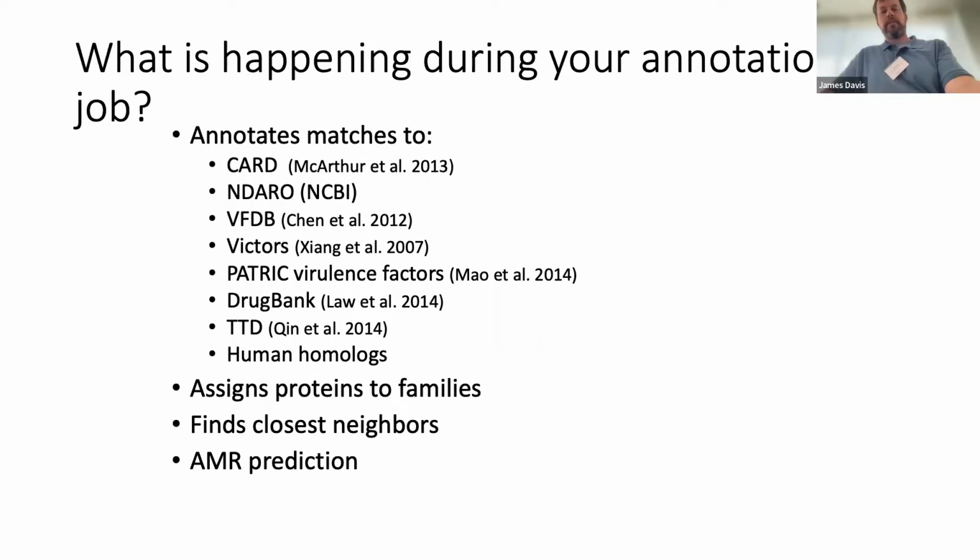Now, there's a little bit of magic here in that our system is entirely protein-based when we get to this point, but NCBI's system is gene-based. So when you see a match to the NCBI set, it will be at the protein level, and that will also be reflected in its annotation.